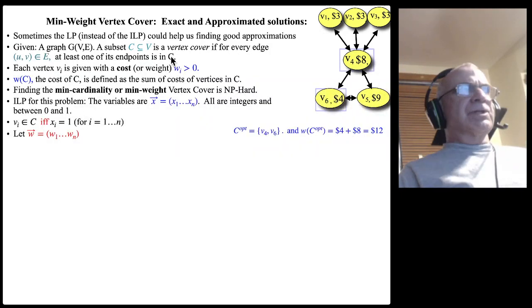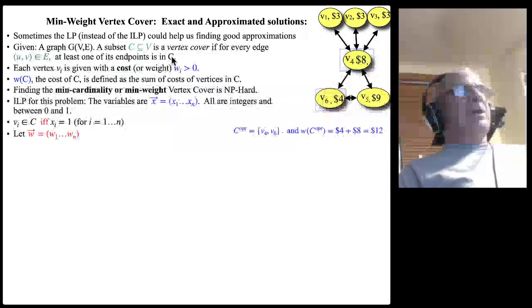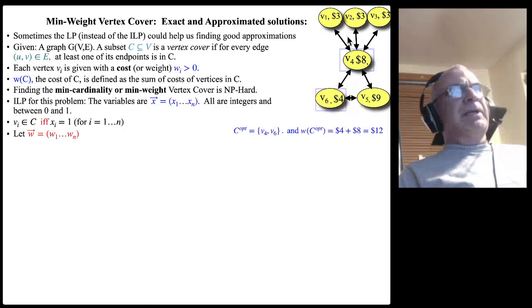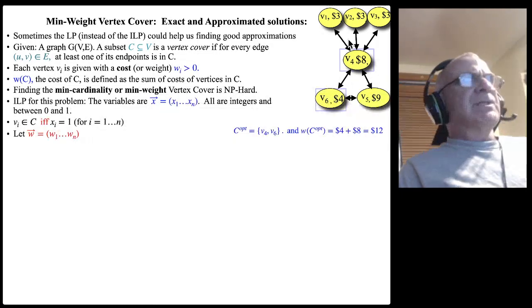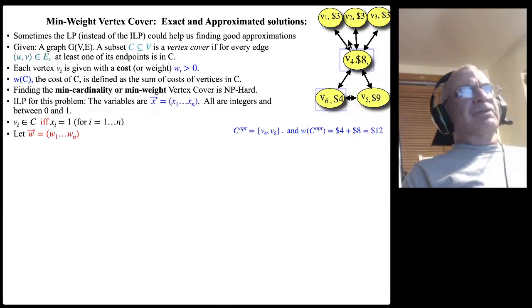Otherwise, I say this set of vertices is not a cover. So I need to pick a subset of vertices such that no matter which edge of the graph I look at, at least one of its endpoints must be in the cover. In this case, I'm covering all the edges of the graph using some set of vertices.